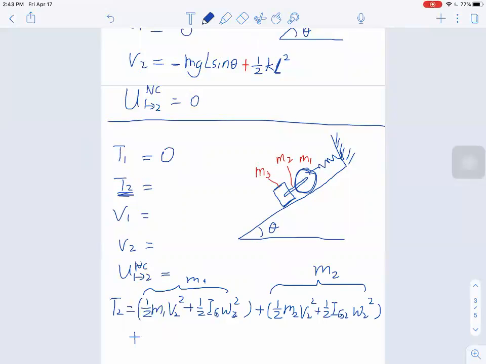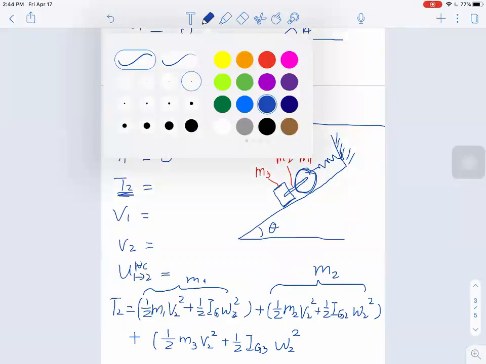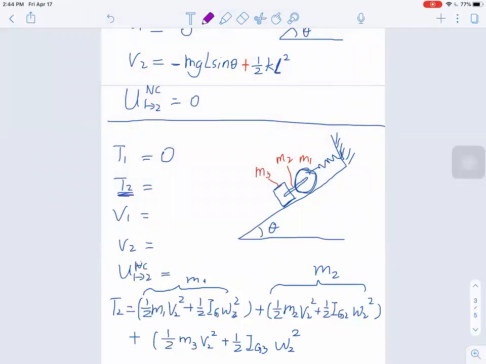And plus, what is the kinetic energy for the box? For the box, 1/2 m3 v2 squared plus 1/2 Ig3 omega 2 squared. Here, let me make the notation a little different, since for different rigid bodies, for different masses, they're going to have different angular velocity.